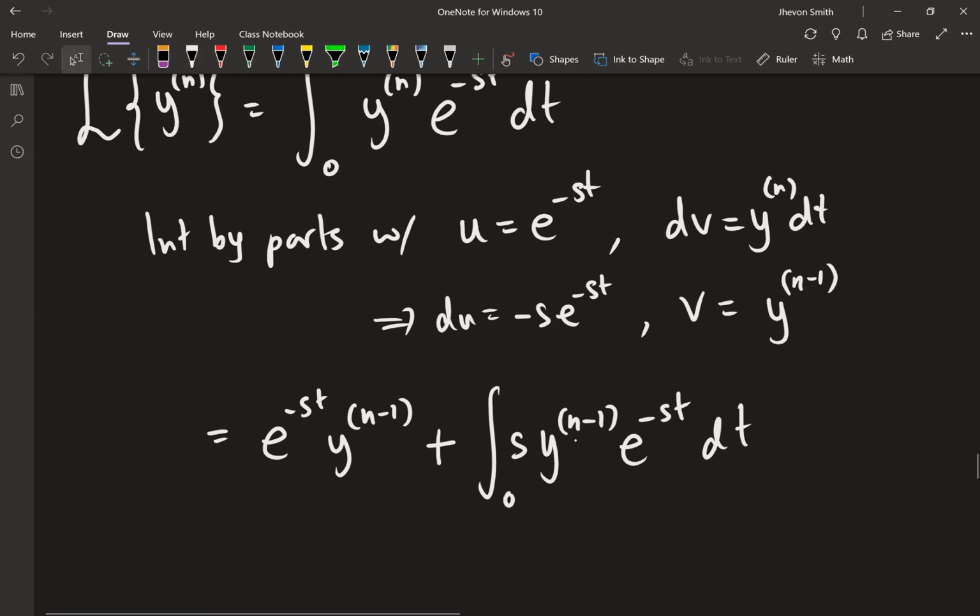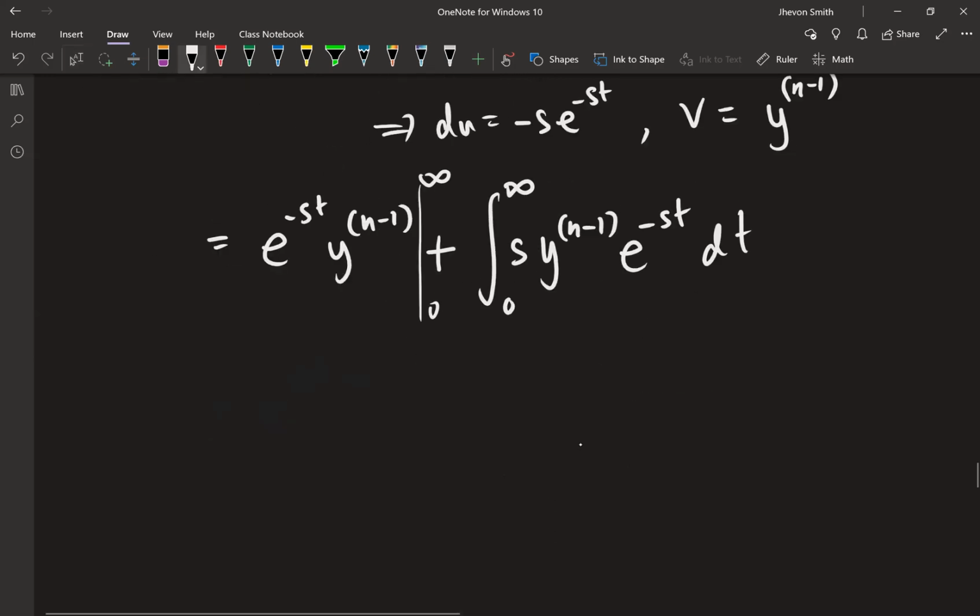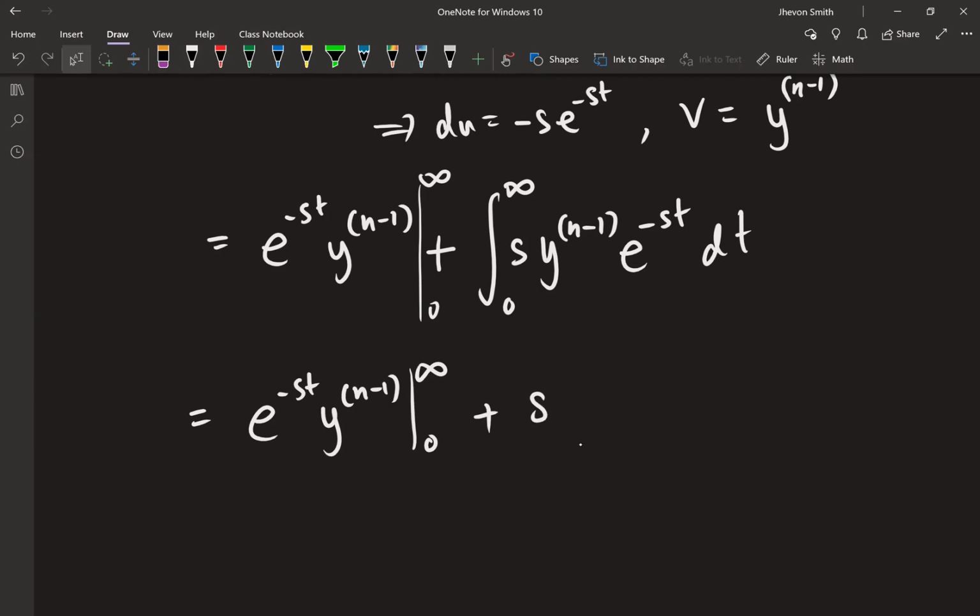And this is from 0 to infinity, and here I'm plugging in 0 to infinity. So this is just going to be e to the minus st times y to the n minus first derivative between 0 and infinity, plus I can factor out s because it's a constant as far as the integral is concerned.